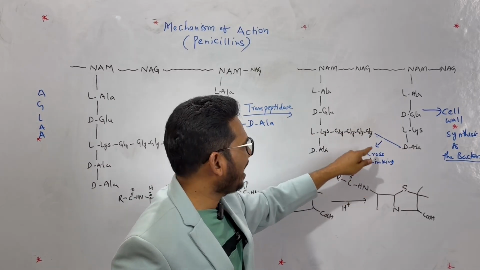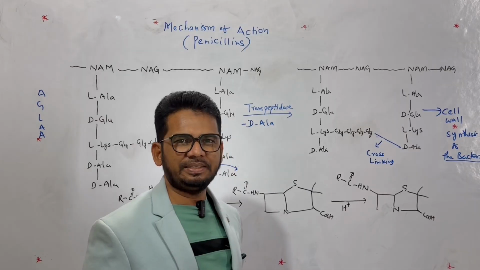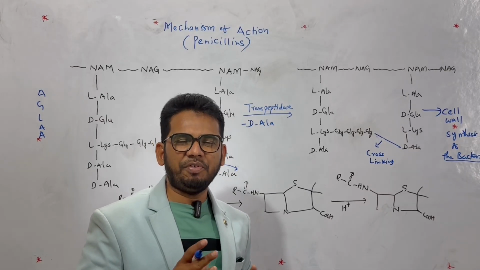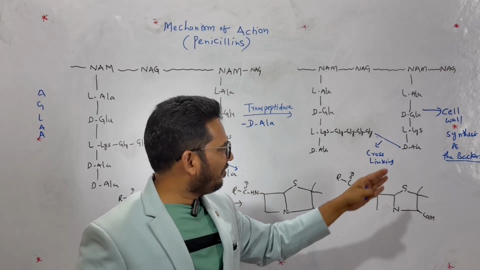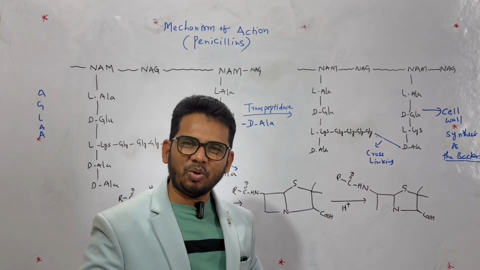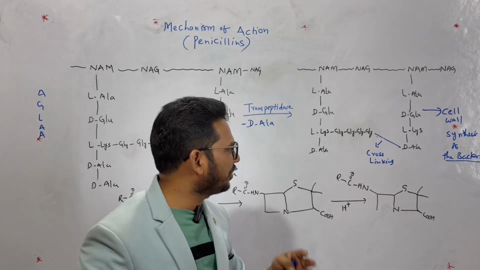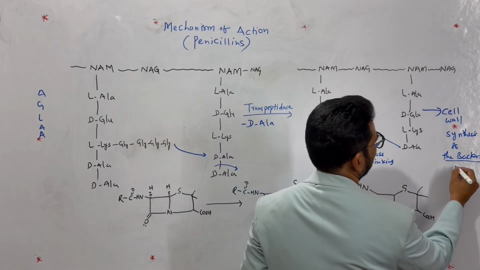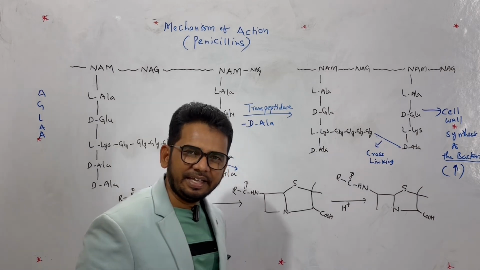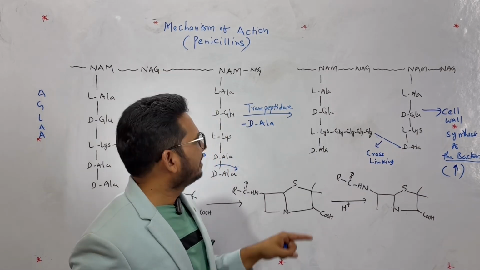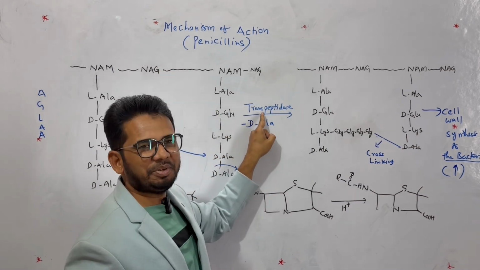Once this cross linking happens, the cell wall is going to be formed around the bacteria, which means the growth of the bacteria is going to increase. That is the use of transpeptidase.